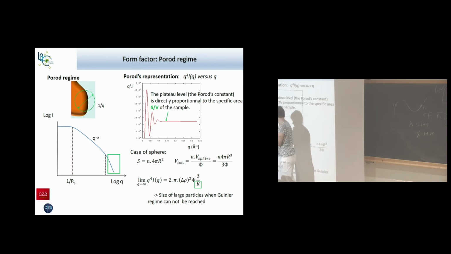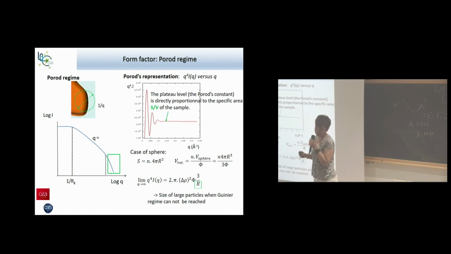So the surface is the number of particles times the surface of one sphere. The total volume is this relation. This simplifies, and finally we get R, the radius of the sphere.